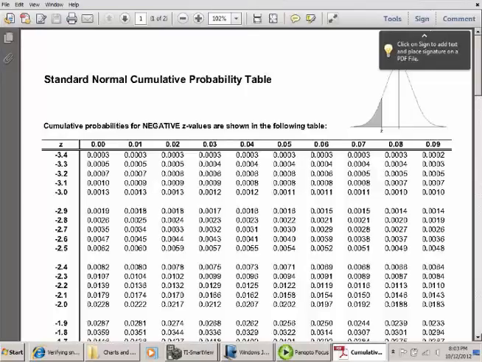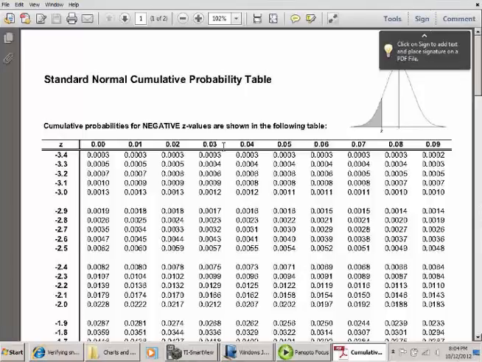Across the top row, that represents your second decimal place. So you combine the column you want with the row, and the row just adds in the second decimal.